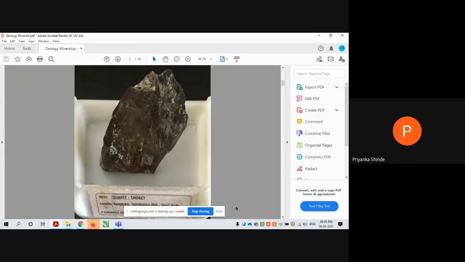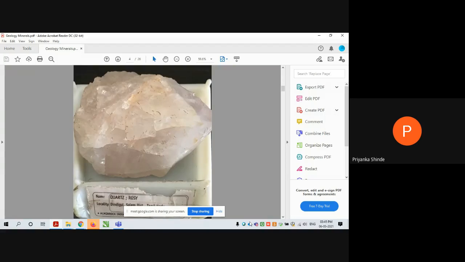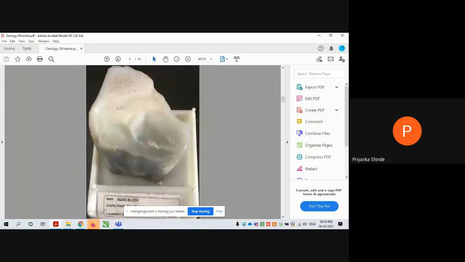Then some minerals like agate, because of its banded form, give a very beautiful appearance, so they are used as door handles. The main use of agate is as a mortar and pestle, to crush medicines and make fine powder of medicines, right? So agate mineral is used as a mortar and pestle.